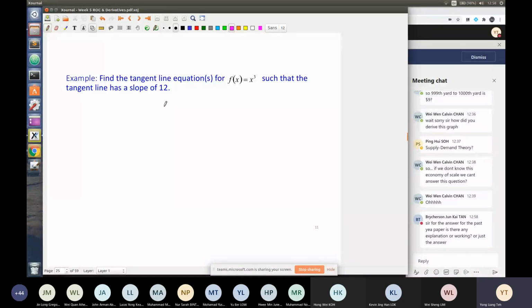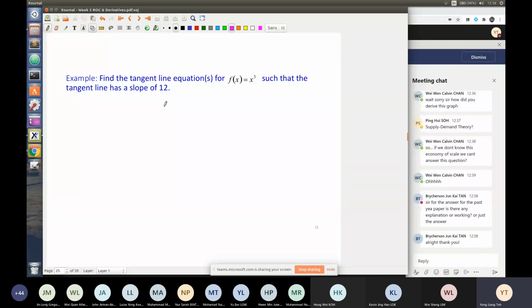Yes, there is a full worked out answer. I will post the answer next Tuesday. You look through the workings, and anything you don't understand or you disagree with, you can check with me on Wednesday during lesson.